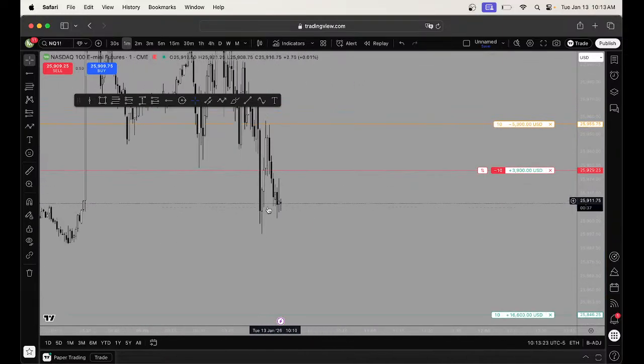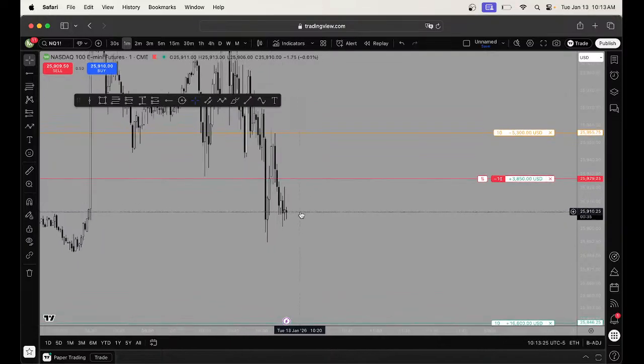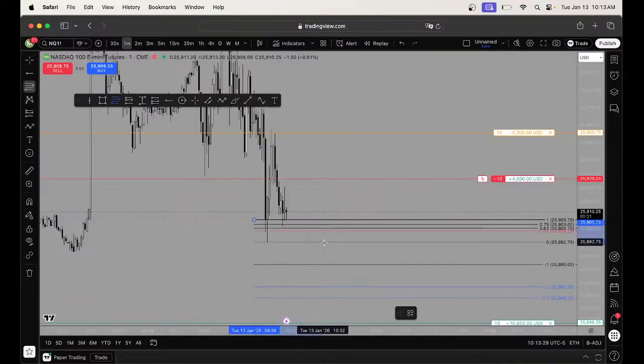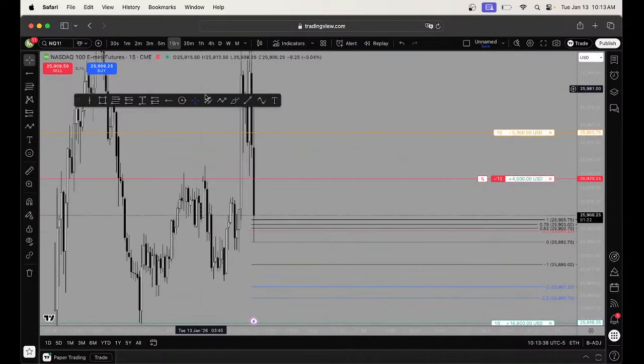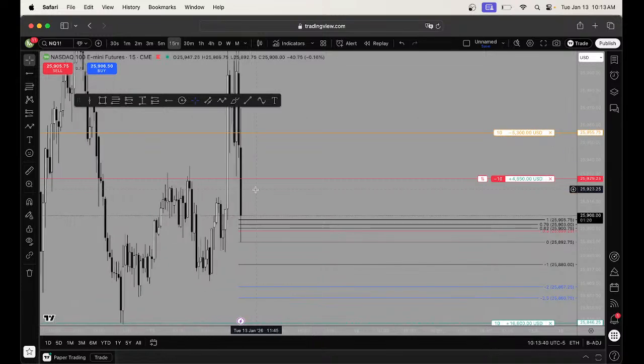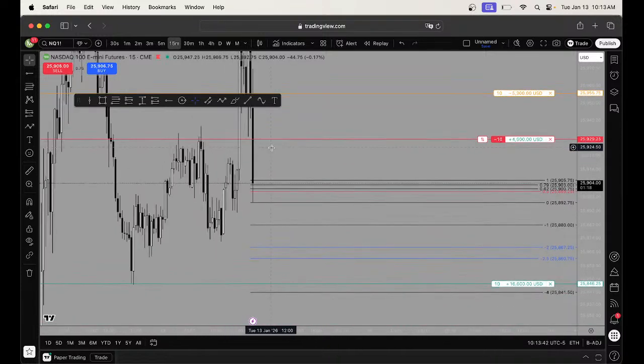Right now, I don't like how this is forming. This could be some type of rejection block. Like this. Go long off of that 0.5 level. We could make this pattern right here where we just leave these lows open.